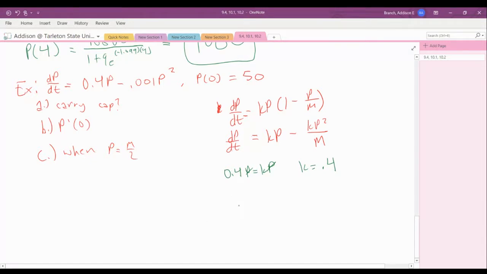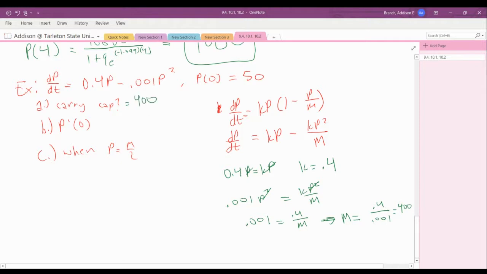We can also know that 0.001 p squared is equal to Kp squared over M. Well, p squareds can cancel out, and we just solved for K, so K is 0.4, so therefore 0.001 is equal to 0.4 over M, and then therefore M is equal to 0.4 over 0.001, which is 400. So therefore, we know our carrying capacity is 400.